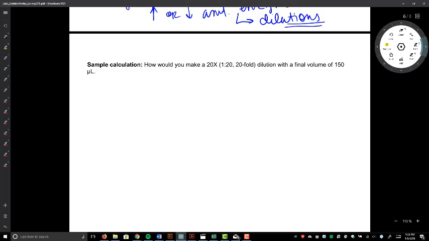All right, so let's say you're starting off in lab, and your TA suggests, hey, maybe you might want to start with the 20x or 1 to 20 or a 20-fold dilution, and you want to make sure that at the end of the reaction you have 150 microliters. How are you going to make that dilution? Why don't you take a minute, pause the video, and give this a try for yourself.